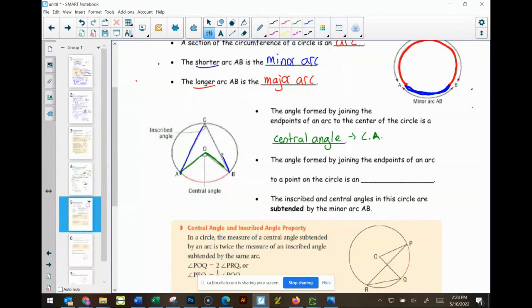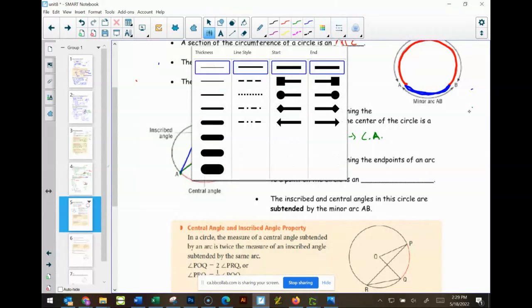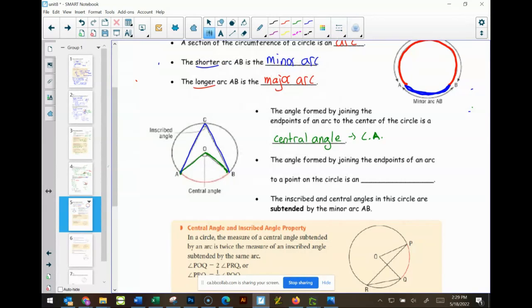So it still uses A and B as its starting points, but this time, instead of going to the center of the circle, it goes to a point on the circumference. So a point on the outside of the circle. Anything that goes to a point on the circumference of a circle is called an inscribed angle.